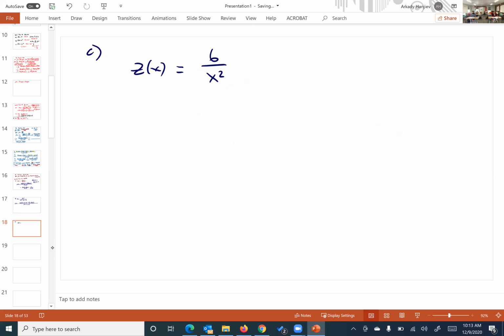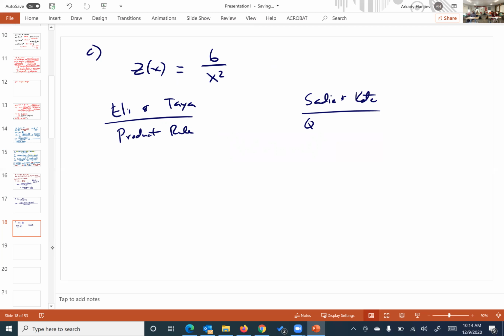And so Eli and Taya, since you're on the left side of the page, are you going to do this by the product rule? Sadie and Kate, we're going to do it by the quotient rule.